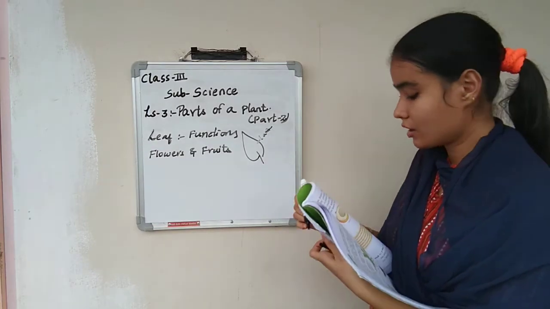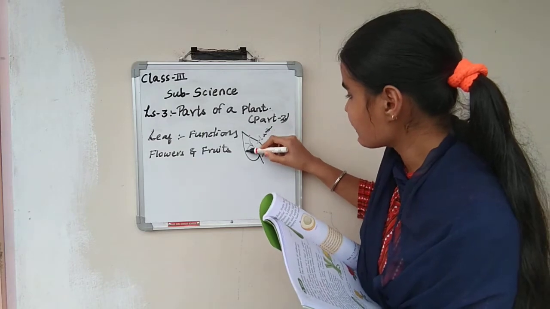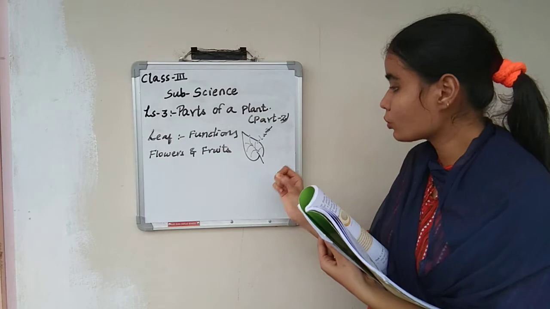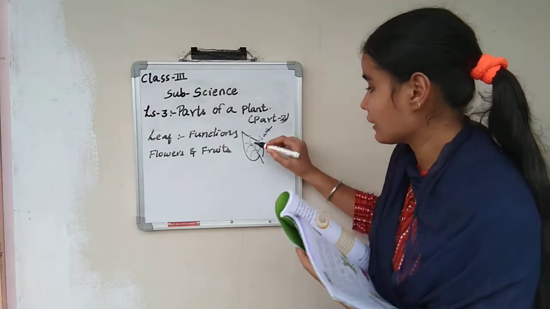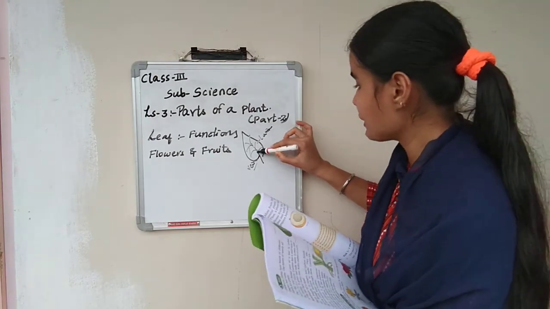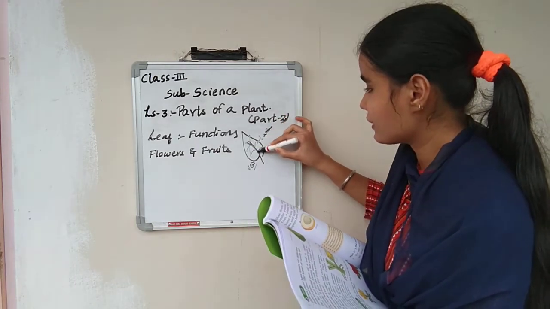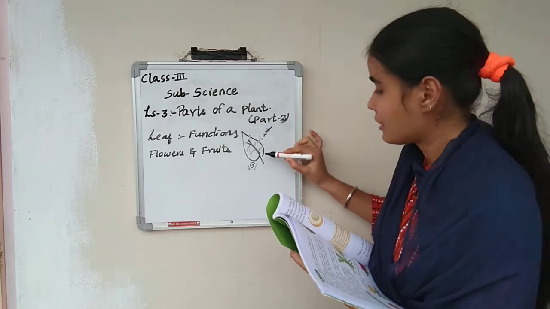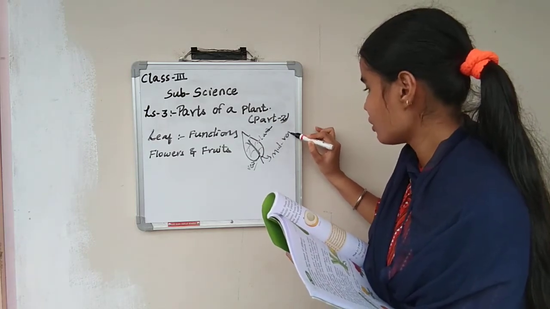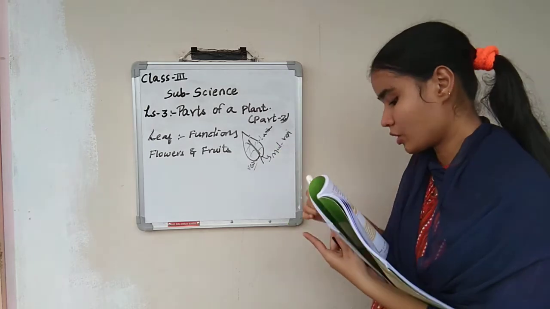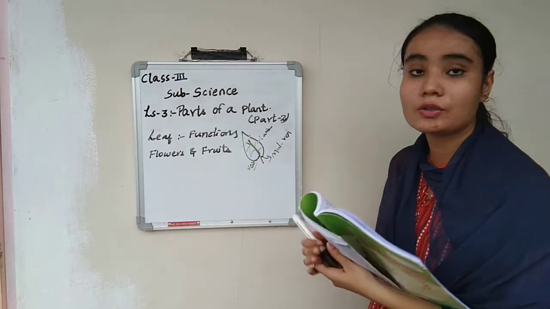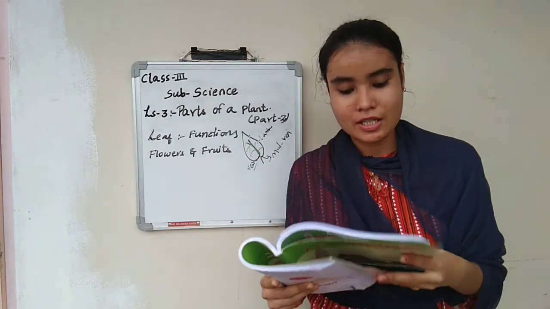Inside the lamina there are tiny veins, like thin lines. What do we call them? Veins. The middle one is like the backbone of the leaf, and it is called the mid vein, because it is in the middle. The smaller ones on the sides are called side veins.